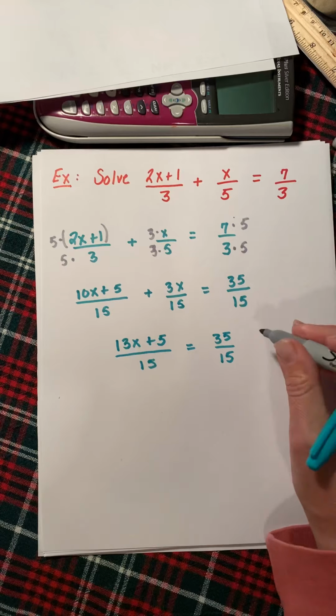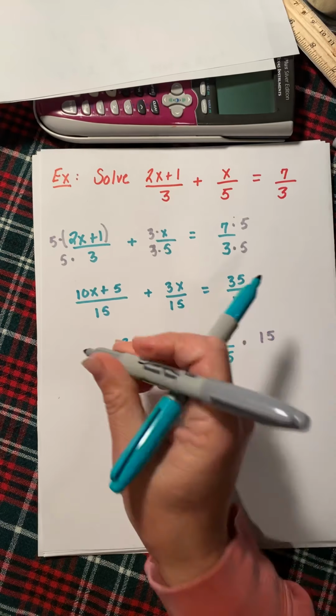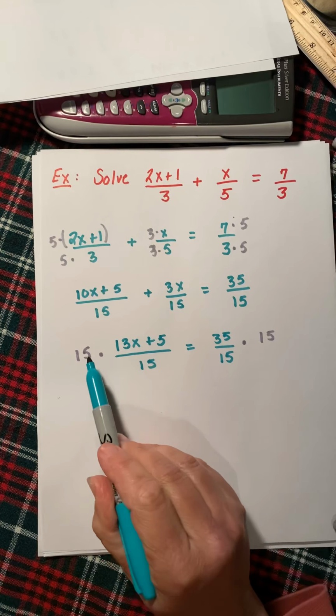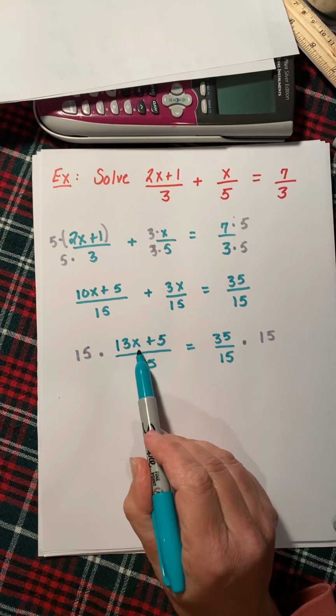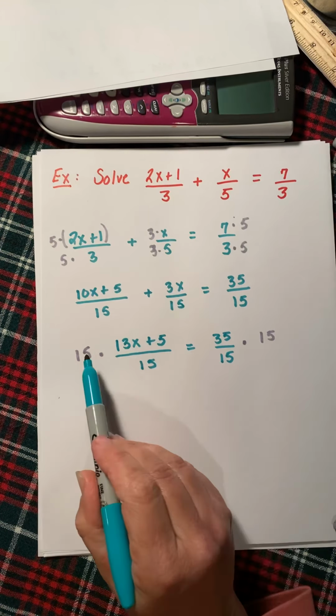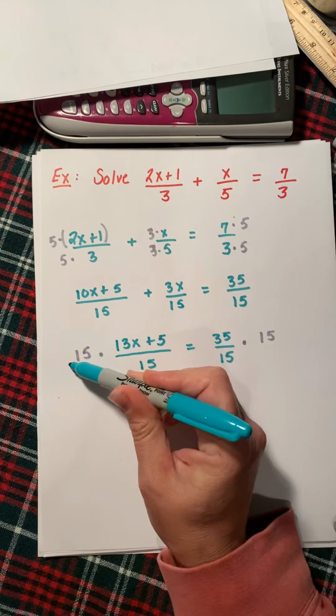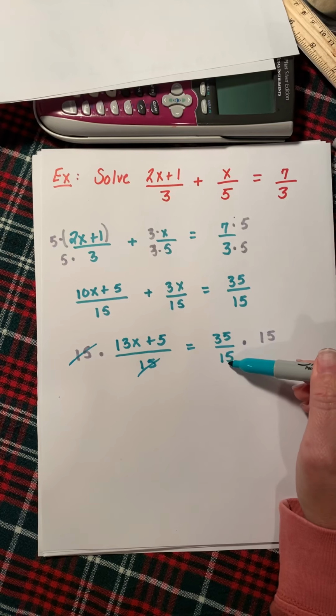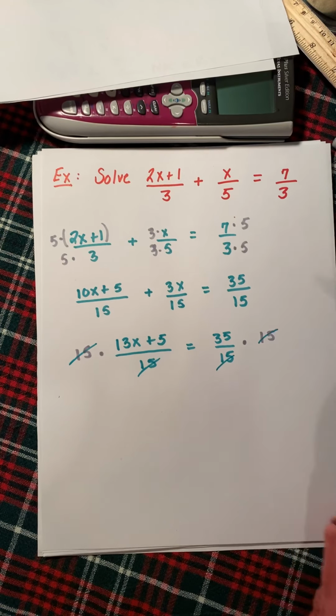And the algebra here is multiplying both sides by their now common denominator. So if I multiply 15 by 13x plus 5 divided by 15, multiplying by 15 and then dividing by 15 cancels out. 35 divided by 15 times 15, these cancel out.